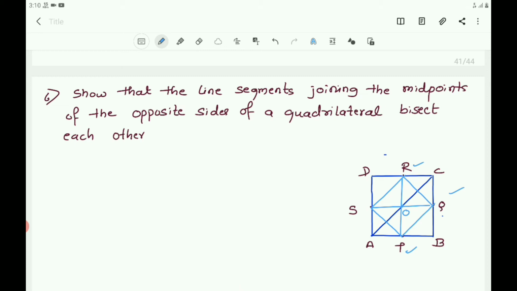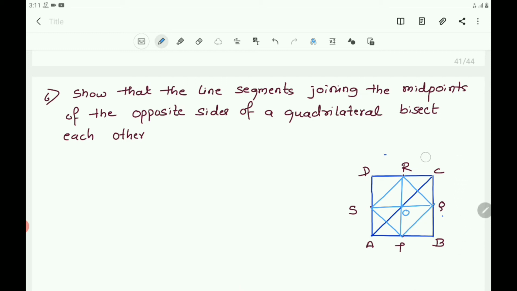We have to show that SQ and PR bisect each other. SQ and PR bisect each other means O is the midpoint of SQ and O is also the midpoint of RP. That is, you have to show SO equals OQ, RO equals OP.